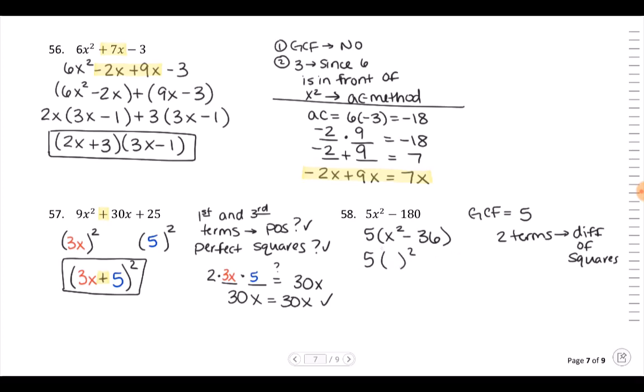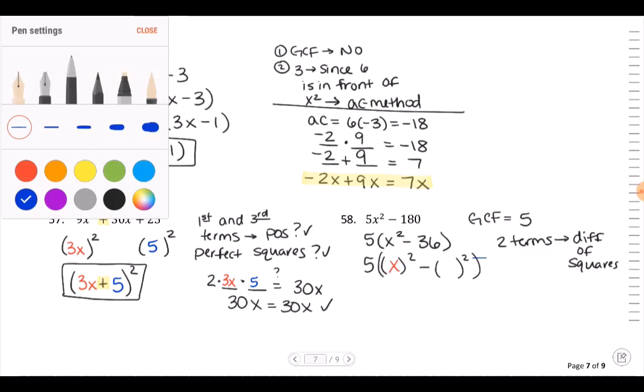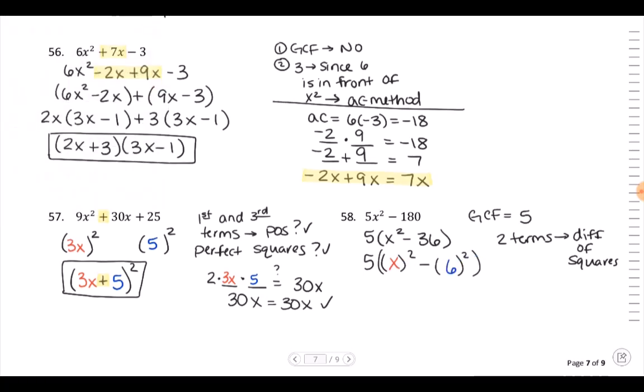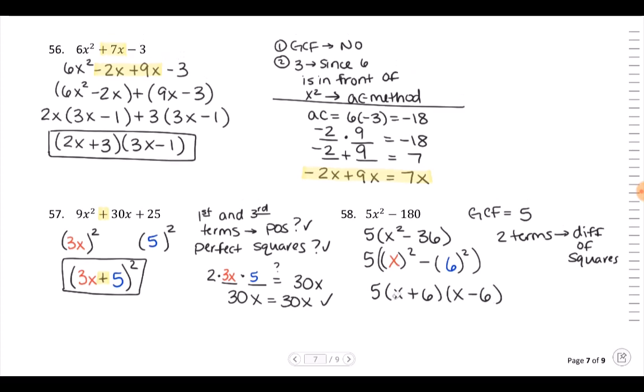What squared gives you x squared? Well, that would be x. And what squared gives you 36? 6. So you can then write this as x plus 6 and x minus 6. 1 plus, 1 minus.